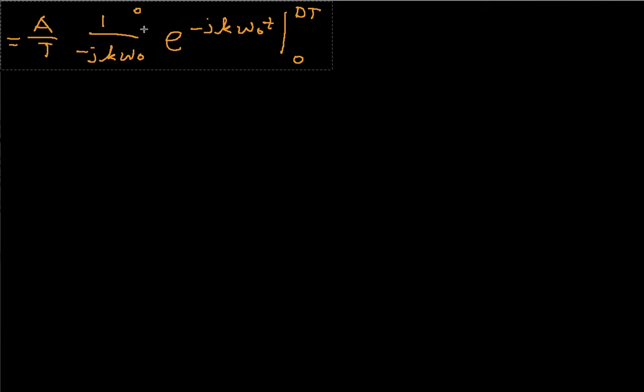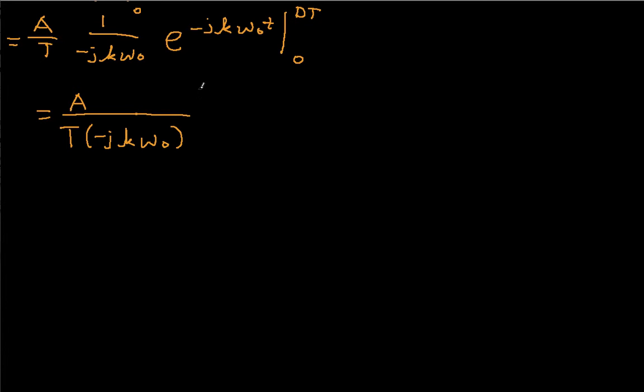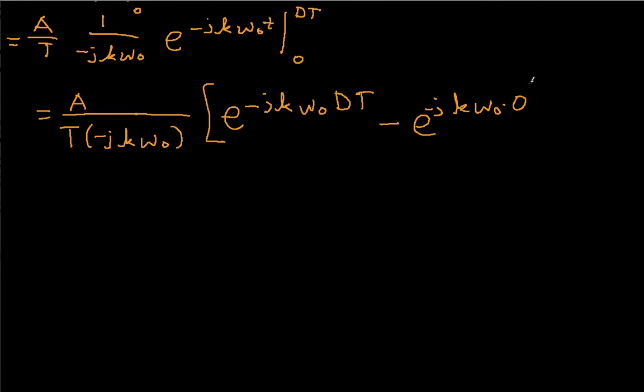Okay, so this is what we're working with. This would be equal to a over T times minus j k omega 0, and then e to the minus j k omega 0 dT minus e to the minus j k omega 0 times 0.